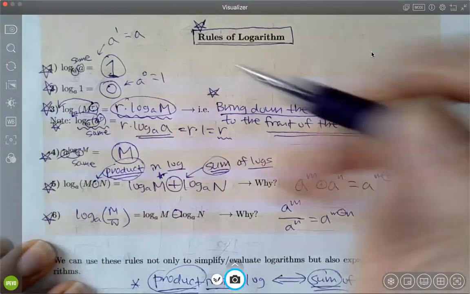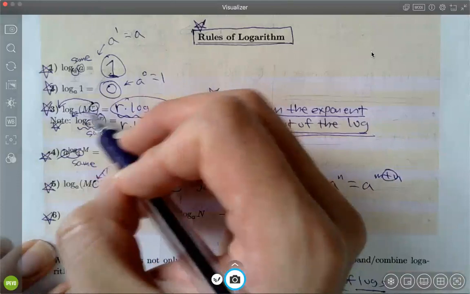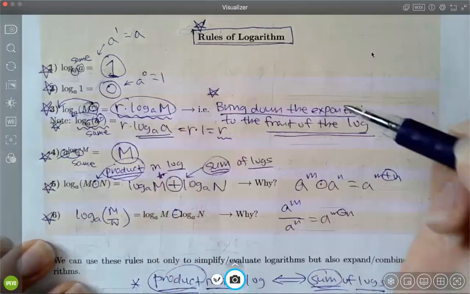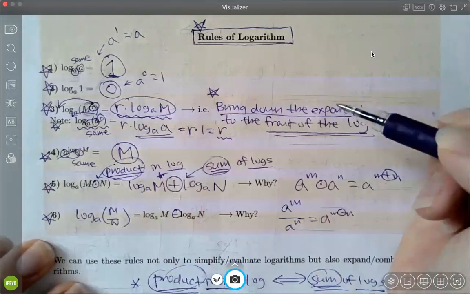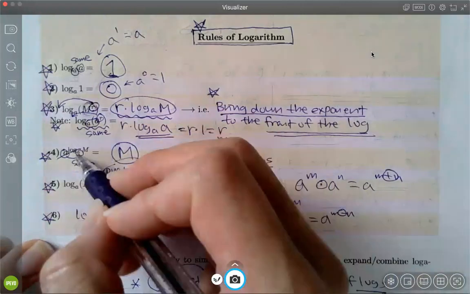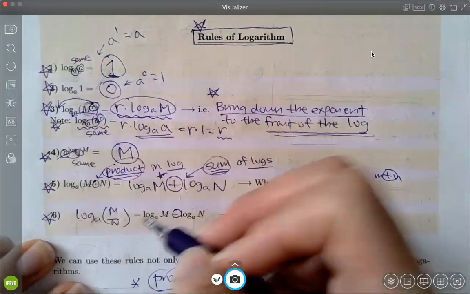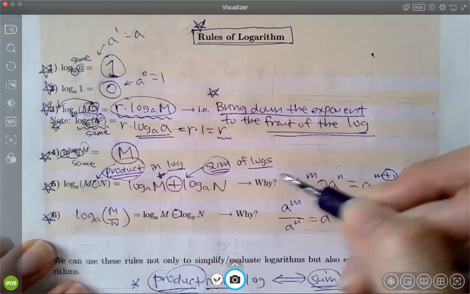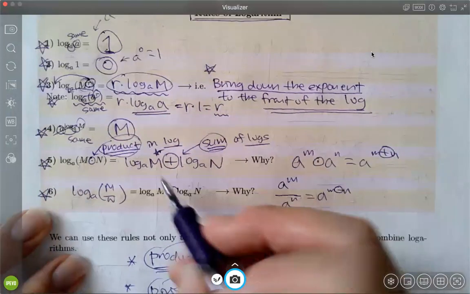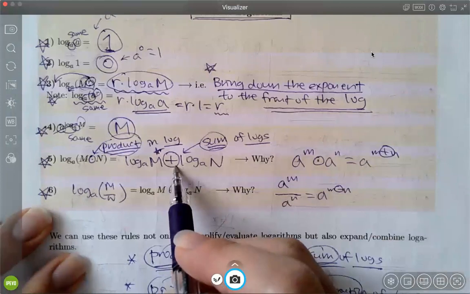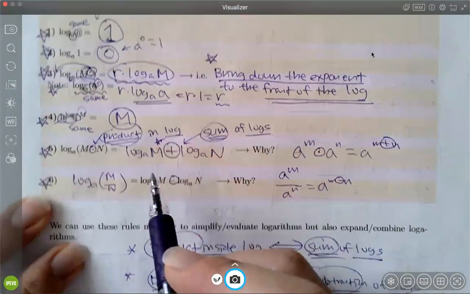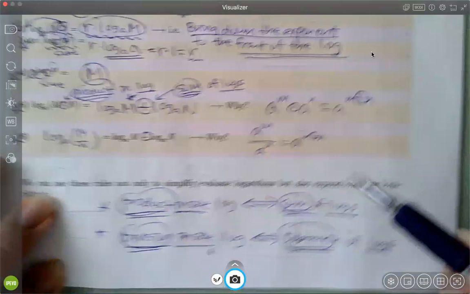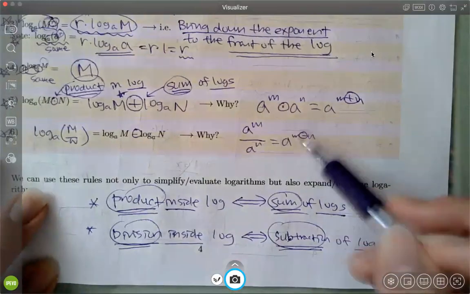When you have an exponential form within the logarithm, you can pull out the exponent and put it in the front of the log. When the logarithm is in the exponent and the bases are the same, you can cancel them and it's equal to whatever is inside the log, which is m. The product within the log changes into the addition of the logs, but if you have division within the log, it turns into the subtraction of two logs. And we saw why that's the case, which is these two rules in the exponents.